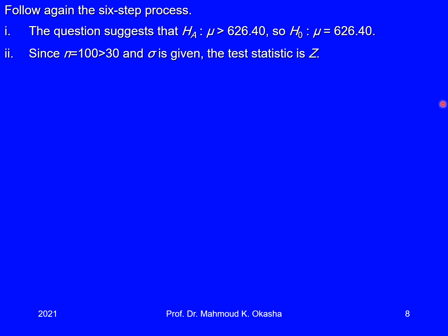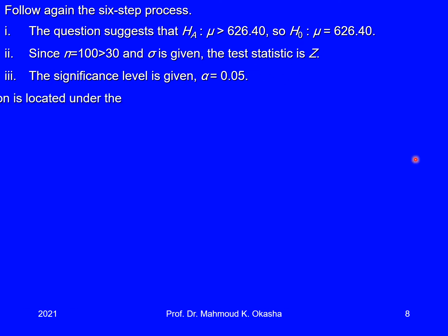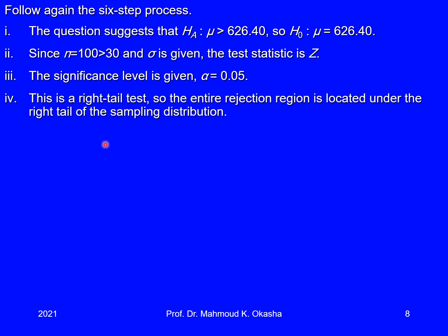So no problem. We have the test statistic, and the significance level is also given, which is 5%, 0.05. Alpha is given. So we can find the critical region or the critical values.